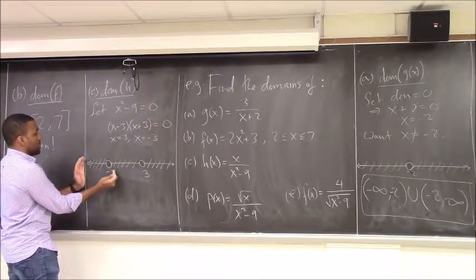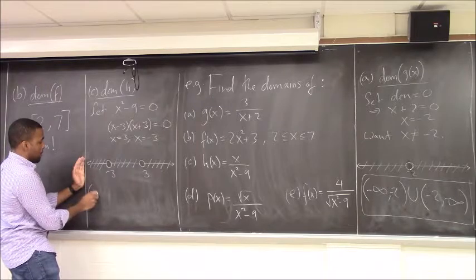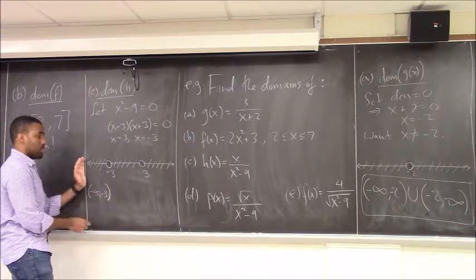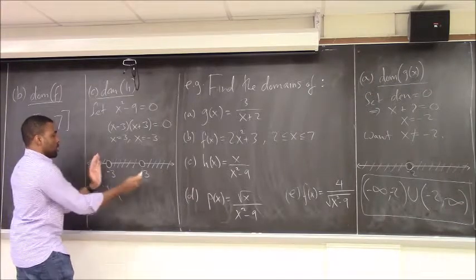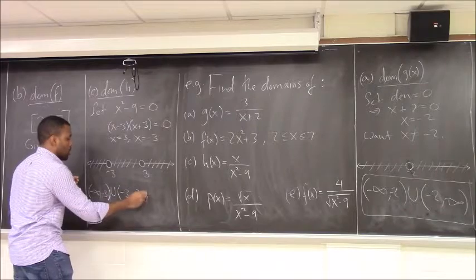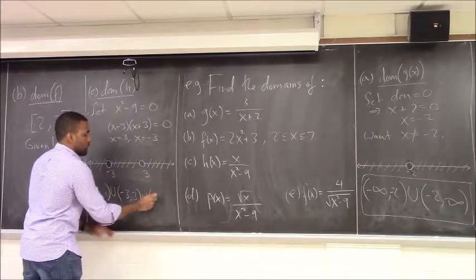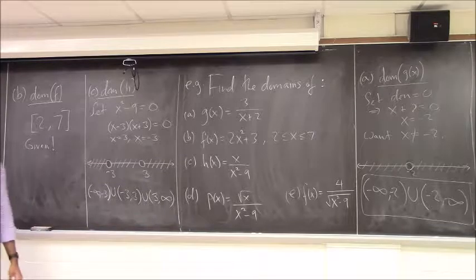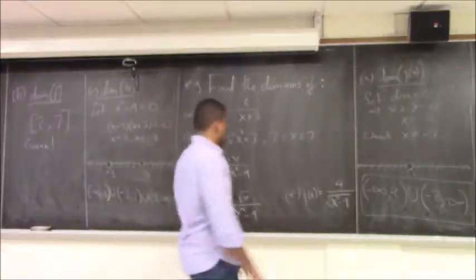We can be from -infinity to -3, not including -3, so I write parentheses, or we can be in the middle between -3 and 3, or we can be on the outside, 3 and bigger. And so there are 3 sets of intervals for this function.